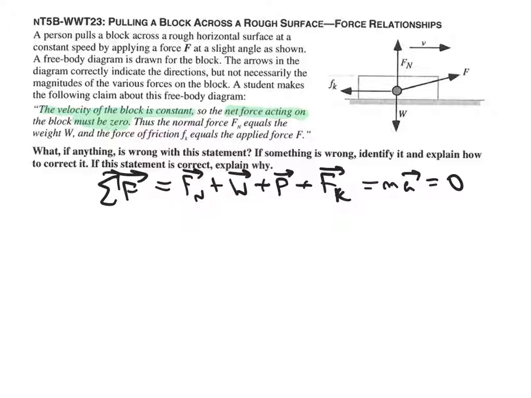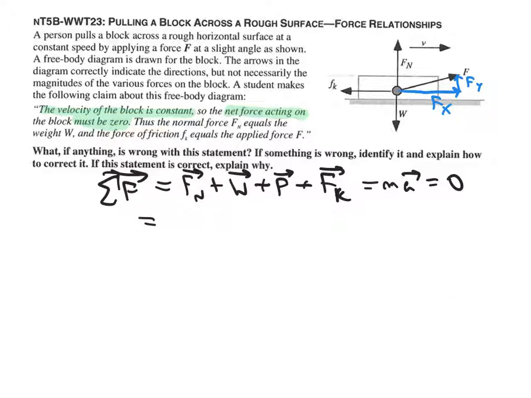Where the student has made a mistake is that F does not act along any of these directions. So I might break force F into an Fx and an Fy part. Then I can break the other forces down too.